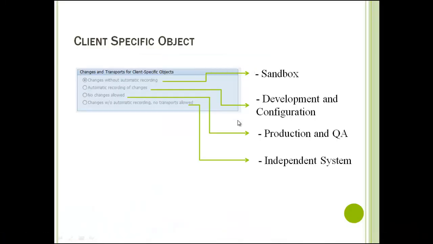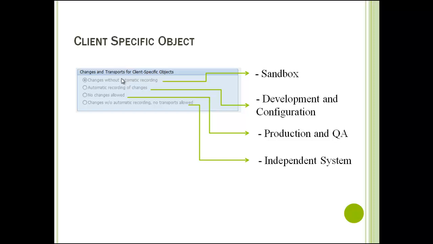The first option is changes and transport for client specific objects. If you select the first option, changes without automatic recording, this is generally used for sandbox. If you select this, then this specific client will allow the user to make any changes.